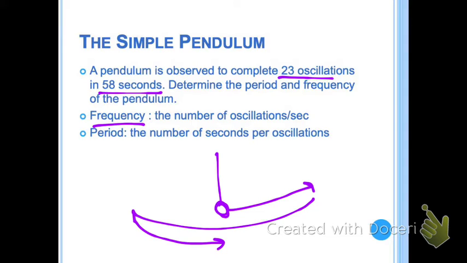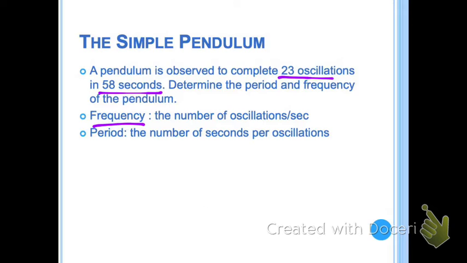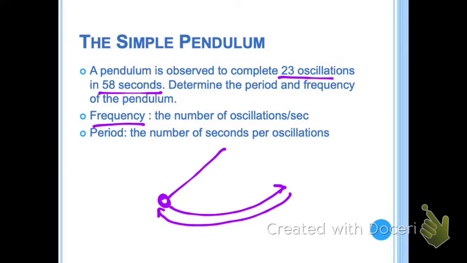Or if you were just talking about from a high point to a high point. Let's say our pendulum started out held right there, and here's its equilibrium point. If it started out held right there, a full oscillation would be over and back. But it's got to cover all the way back to its starting point to be considered a full oscillation. I maybe shouldn't even say back to its starting point because if it starts in the middle, it's not just there.